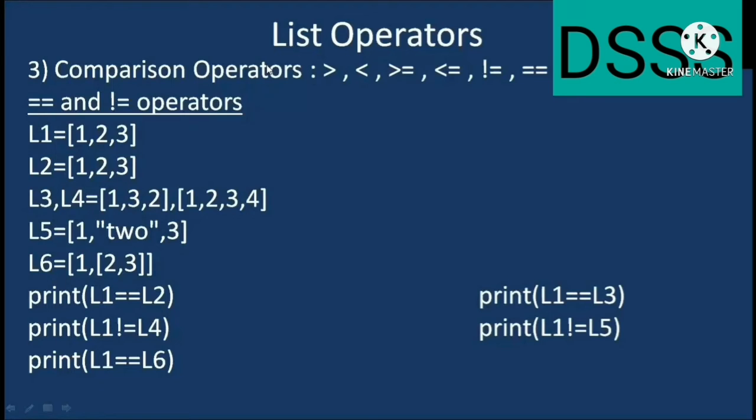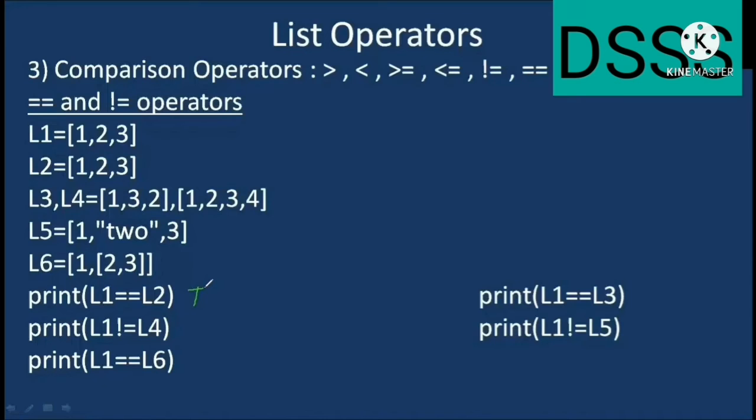The equals to operator gives you false when the elements are not comparable. Comparable means you know how to compare. Comparison in a list is done element by element: the element at index 0 of the first list is compared with the element at index 0 of the second list, at the same locations, and so on, to check whether they are equal or not equal.